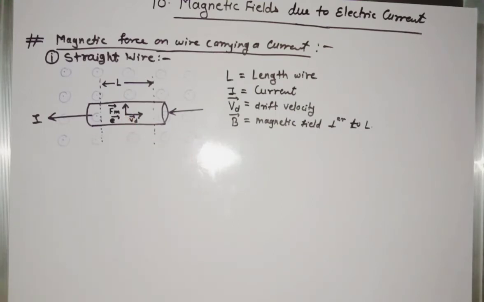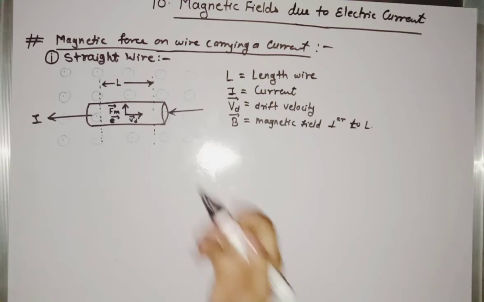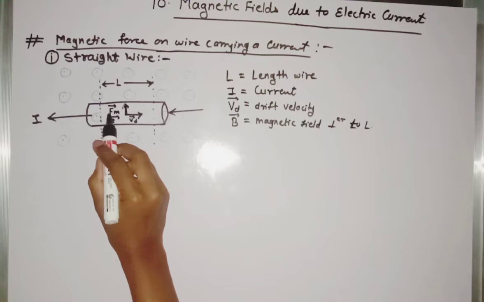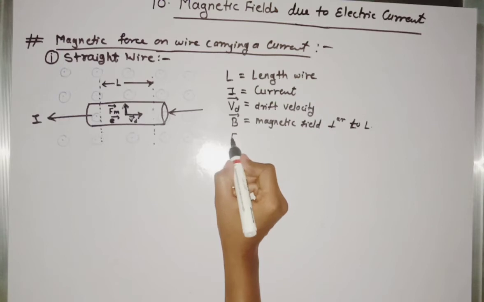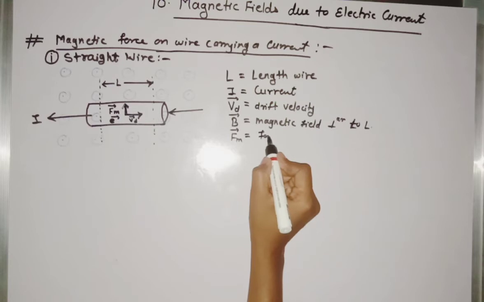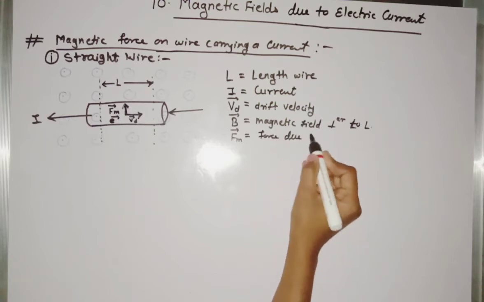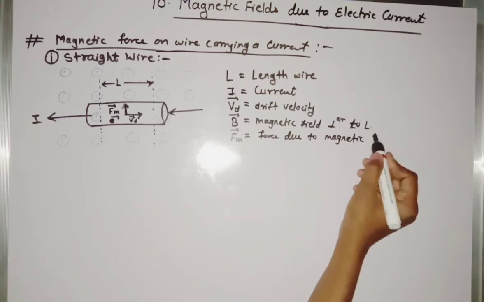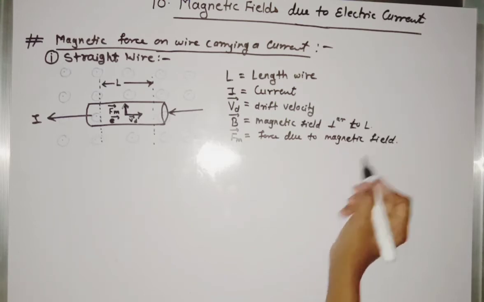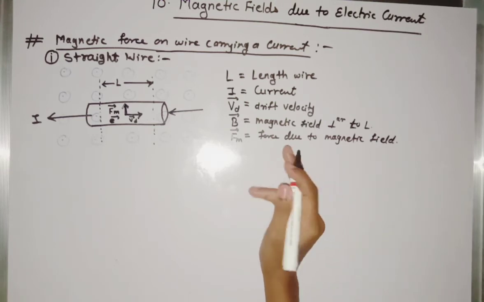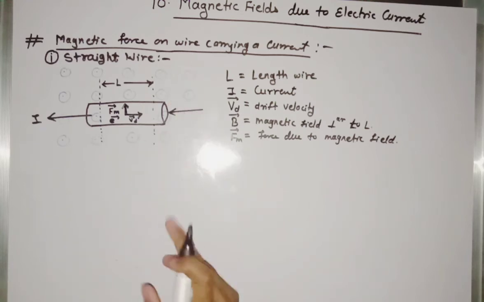Look into the diagram also. I have shown you that this vector indicates the force due to the magnetic field, that is F suffix M, force due to magnetic field, which we are interested to determine in this derivation in case of a straight wire.